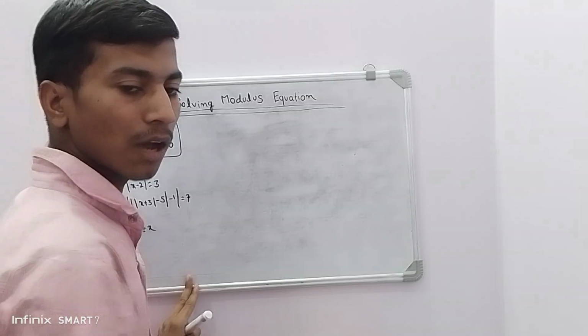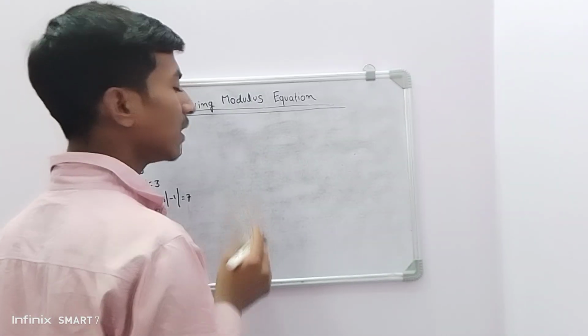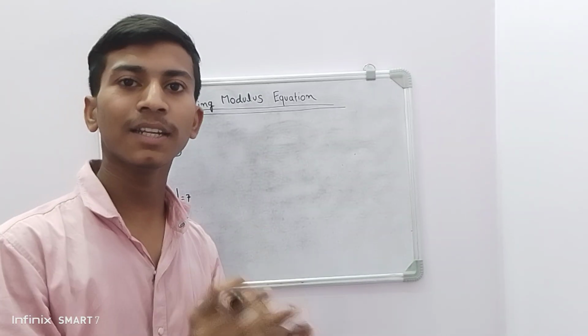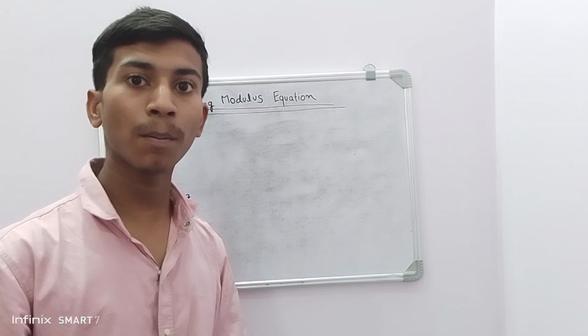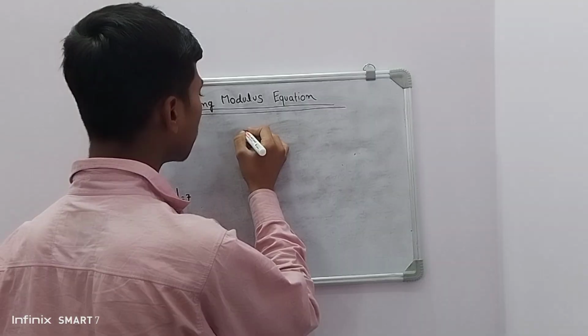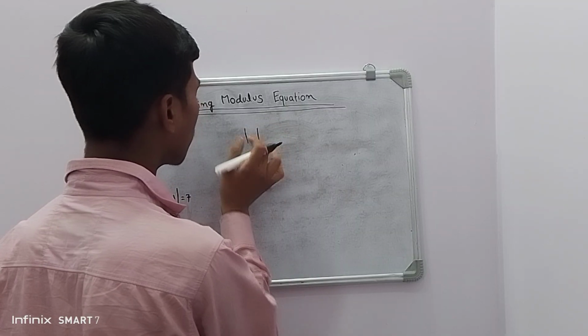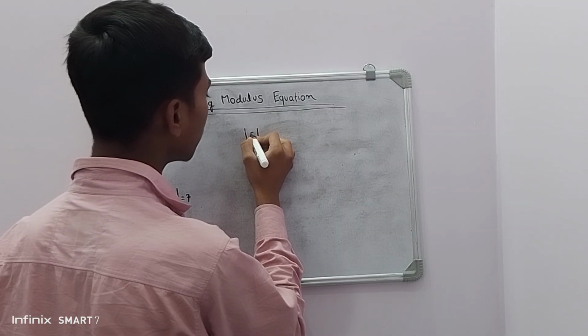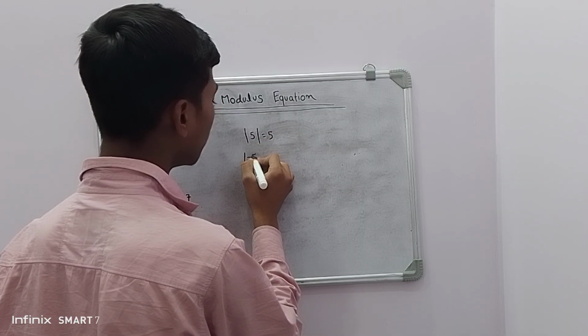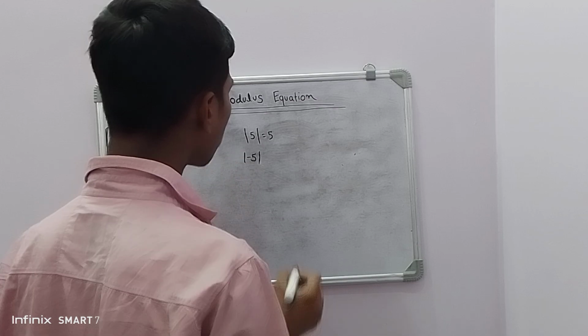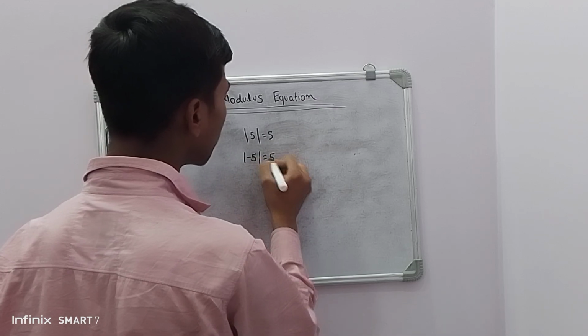So I am going to conclude that, as you know, if anything is inserted into the mod, then it will give you a positive value. Let's suppose this is the symbol of the mod. If I insert 5 here, then we get 5. If I insert minus 5 in the mod, then also you will get 5.